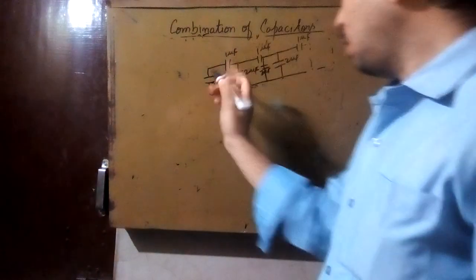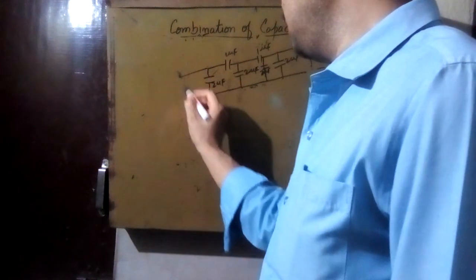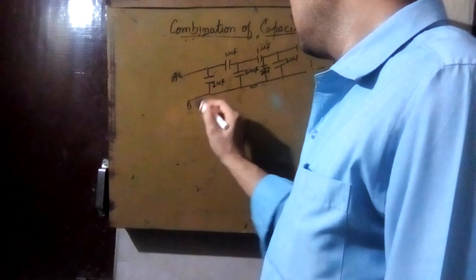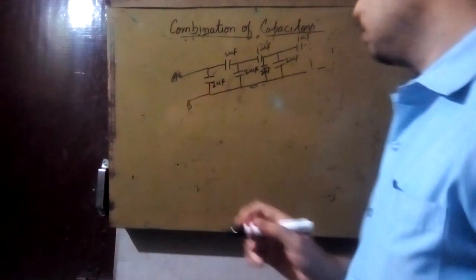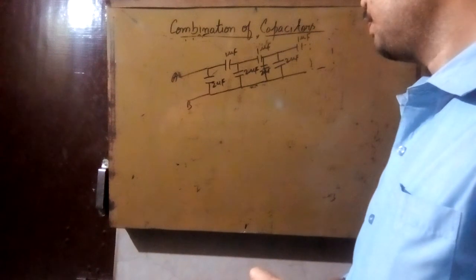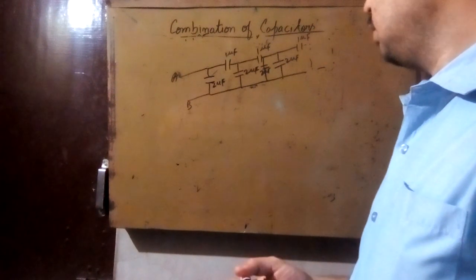Then how will you solve? What will be the net capacitance between point A and B? So if the question is asked like this, then how will you solve the question?